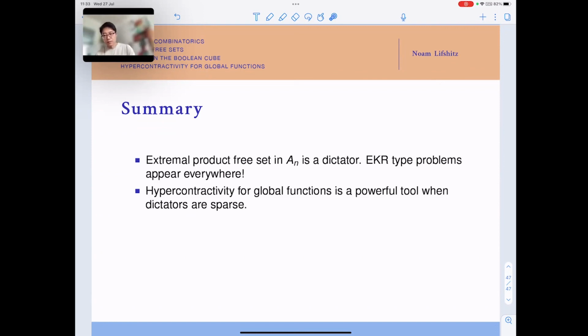And the other main point was this hypercontractivity tool for global functions. It turns out that this is a powerful tool when dictators are sparse. This replaces the hypercontractivity that fits the case where the dictators are dense. Okay, so that's the main point.